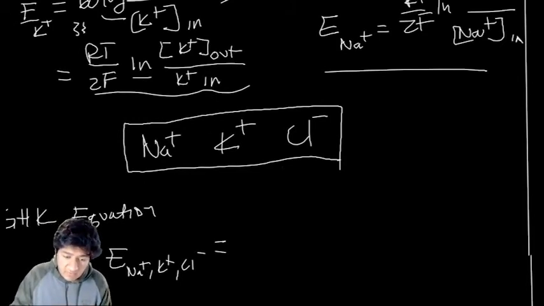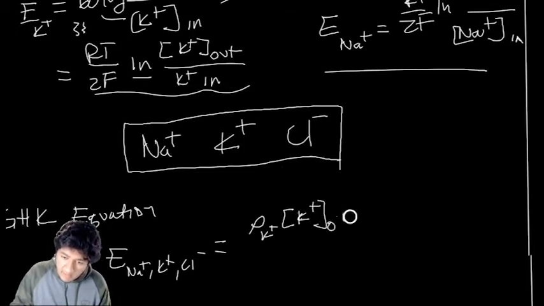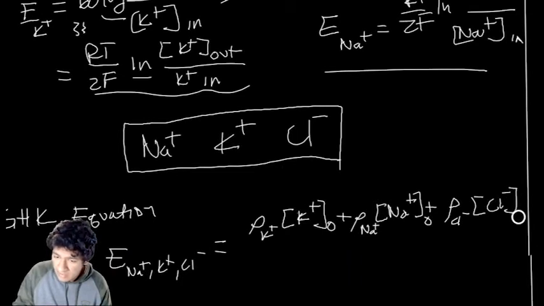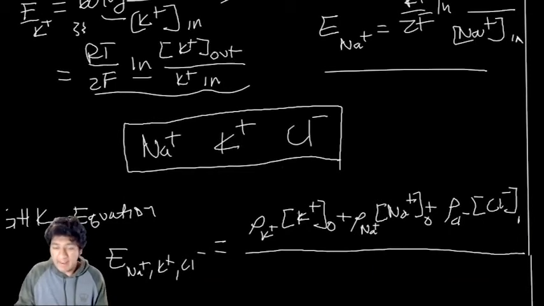This will be equal to the permeability of K+ times the concentration of K+ outside, plus permeability of Na+ times concentration of Na+ outside. And here's a catch: permeability of Cl- times Cl- concentration inside the cell, simply because it's a negative ion, an anion.